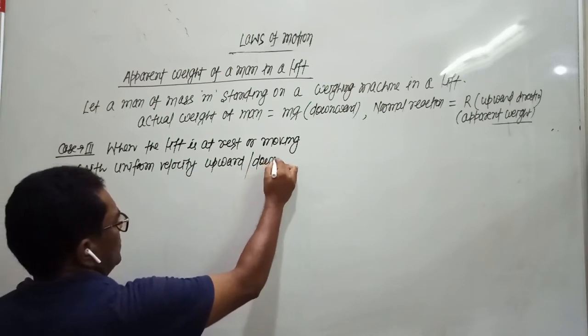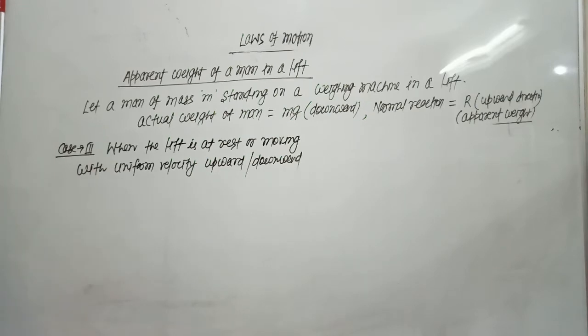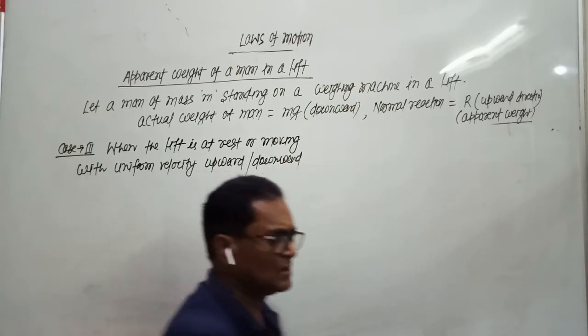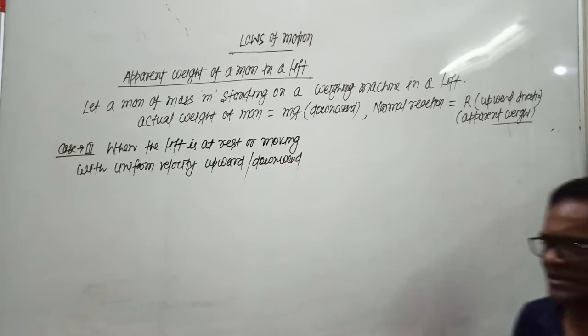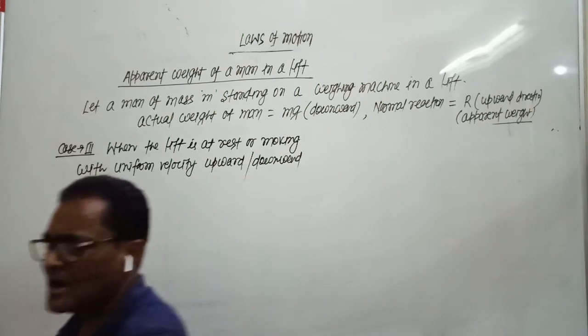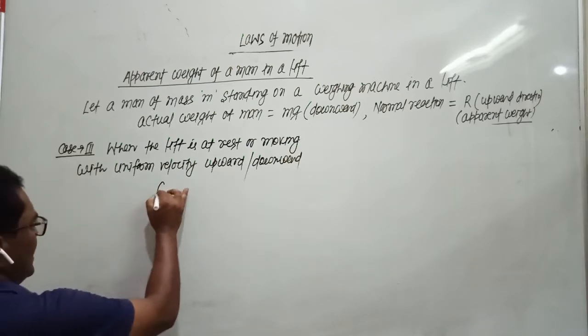This is case number 3. Either the lift is at rest or it is moving with uniform velocity, upward or downward. In both the cases, when the lift is at rest the acceleration is 0, and if the lift is moving with uniform velocity in either direction, then in that case also the acceleration is 0. It means a equals 0.